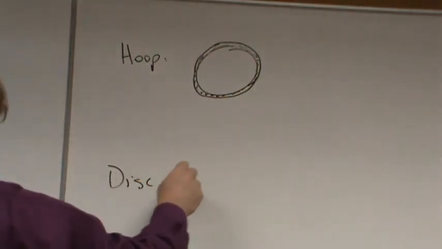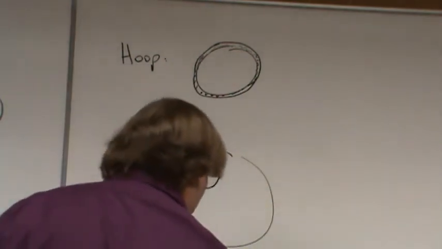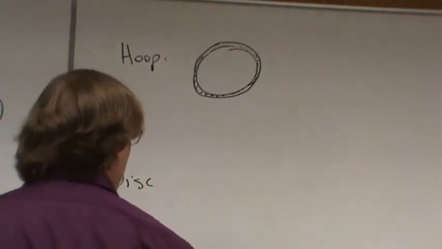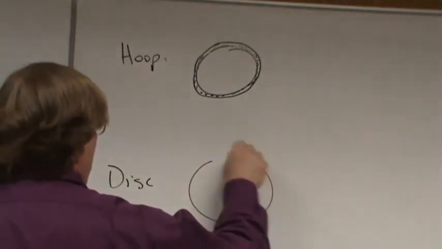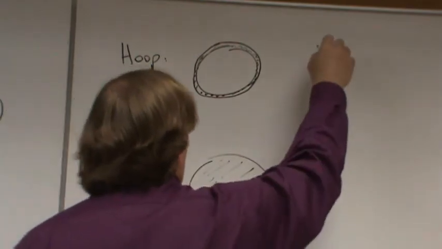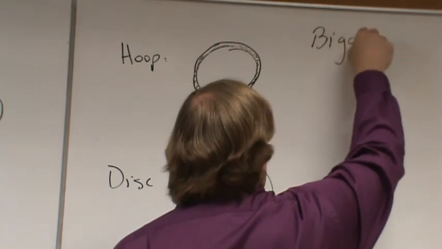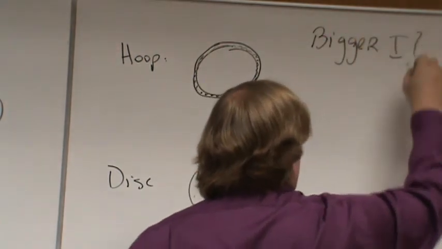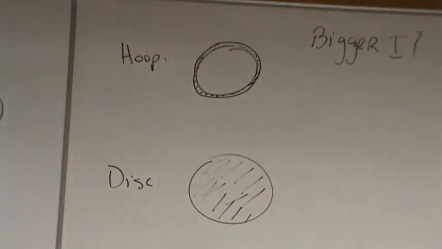Disk. Oops, it's got to have the same radius. Tell me, who has the bigger rotational inertia? Who has the bigger moment of inertia, the hoop or the disk? They have the same radius, they have the same mass.